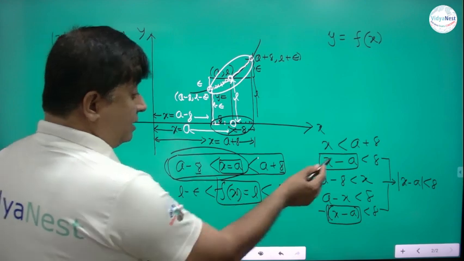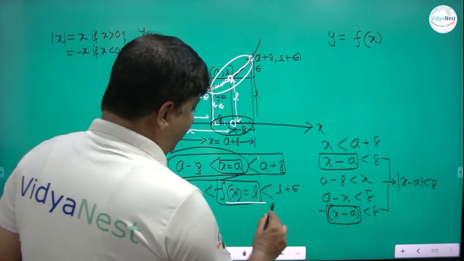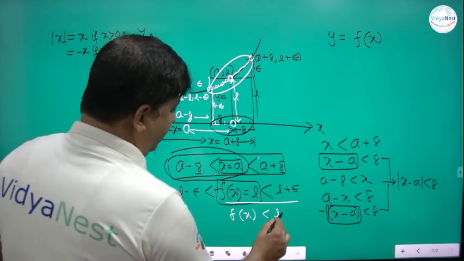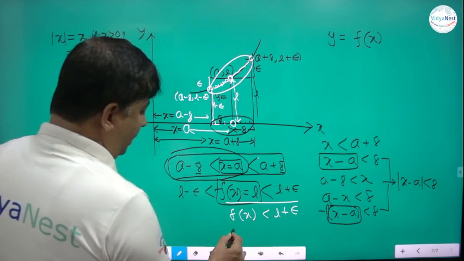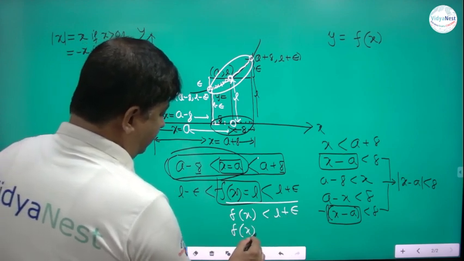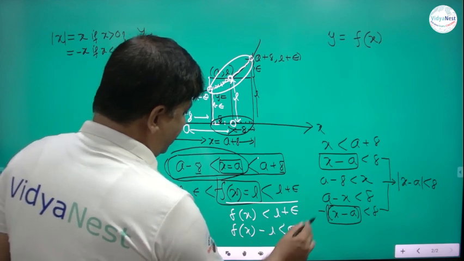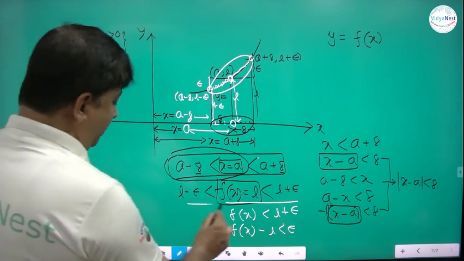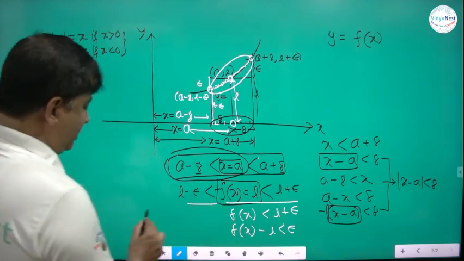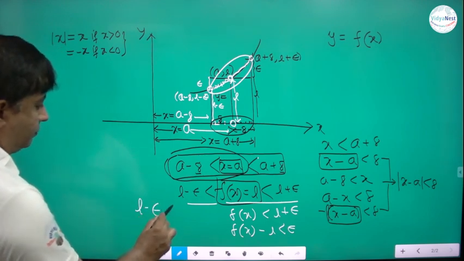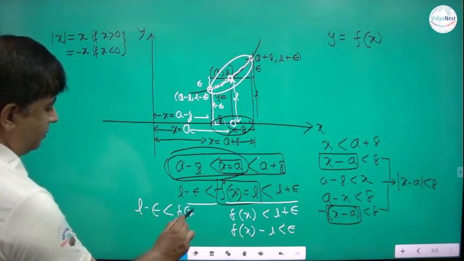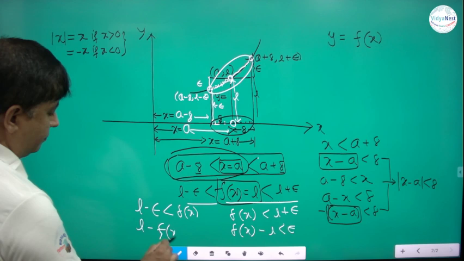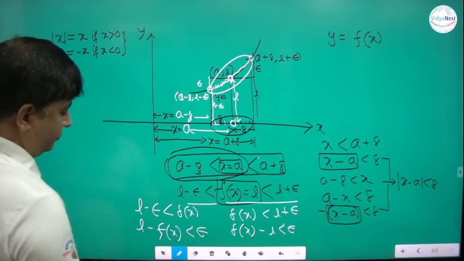So, in the similar manner, if I take that inequality, fx less than L plus epsilon, bring L to the left hand side. And if I take that part, L minus epsilon less than fx, so L minus fx less than epsilon.